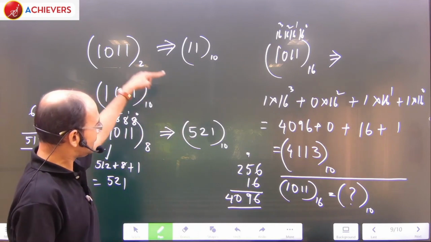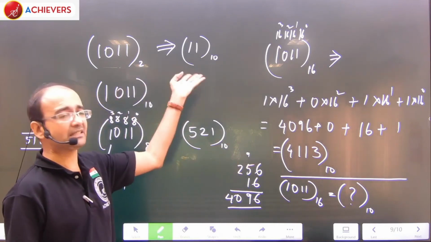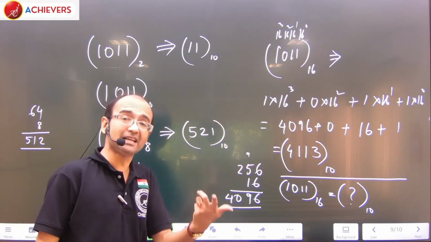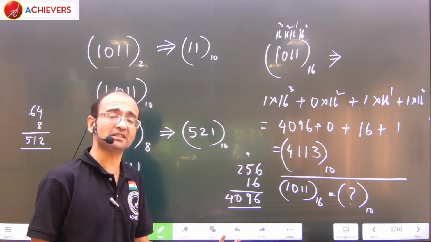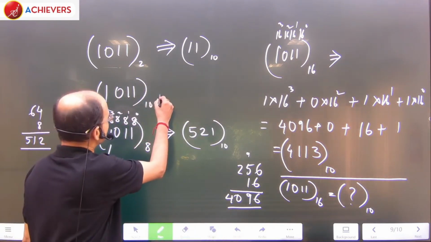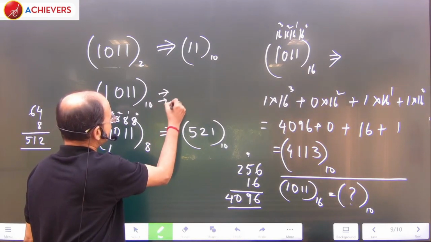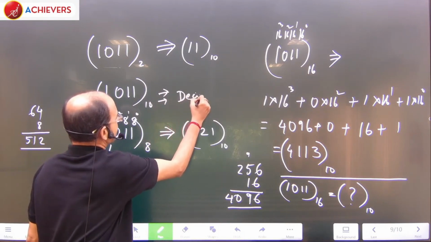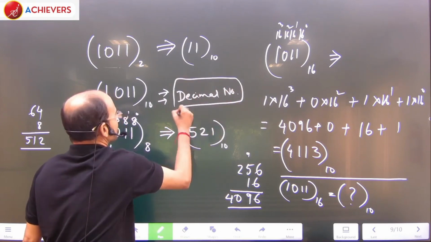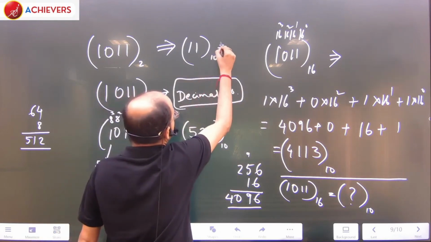So these are the different values based on 1011. I have considered only a single number, but it is represented in different number systems like this. So this is the decimal number system itself. So this is the binary number.